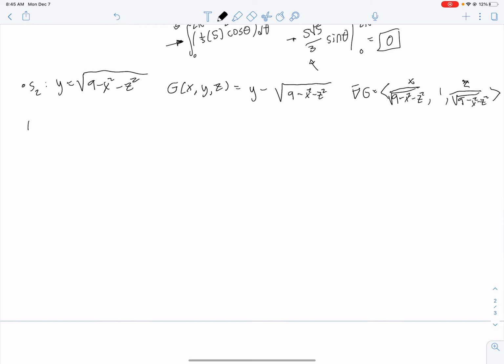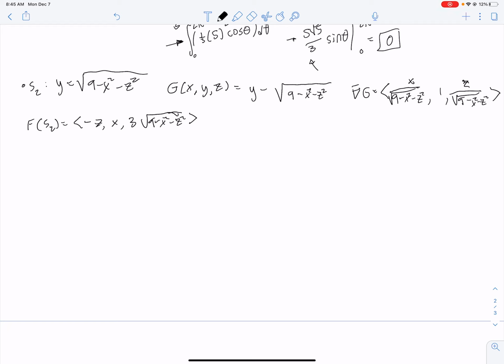So we now know our f of surface 2. Plugging in for where y is present, we get 3 root 9 minus x squared minus z squared.